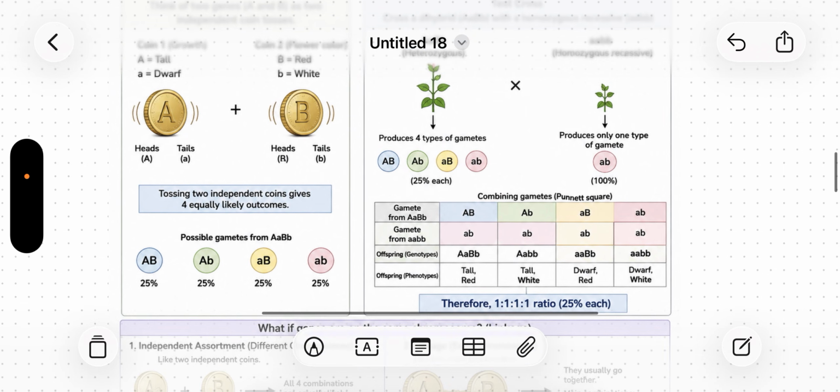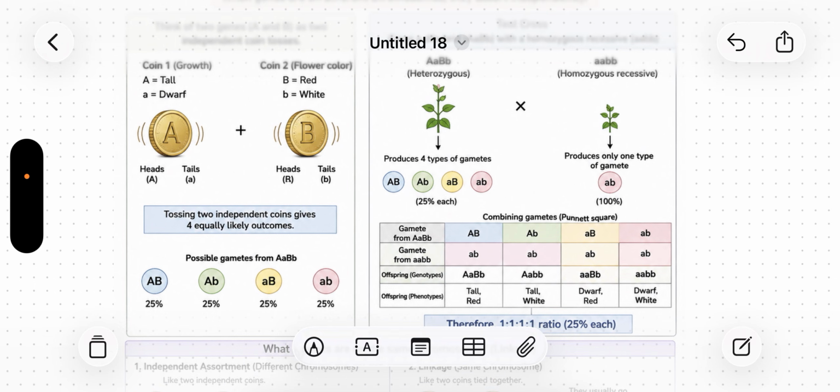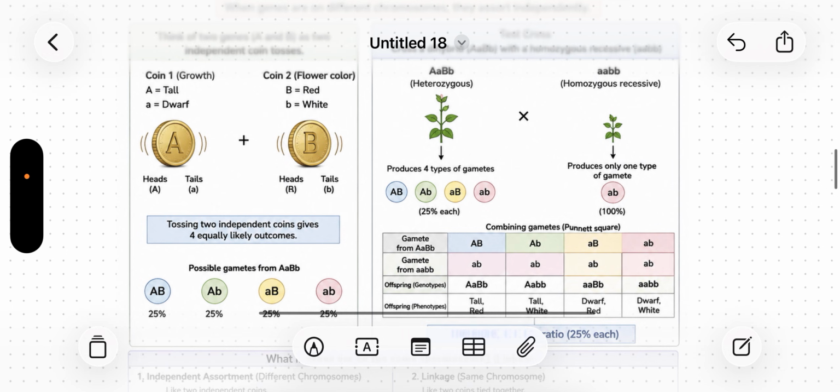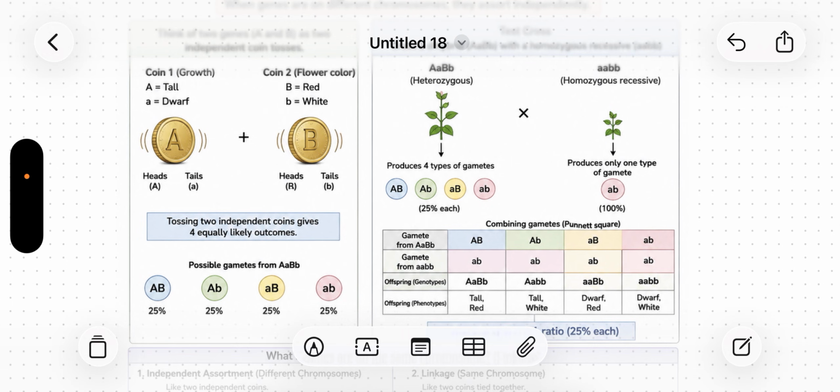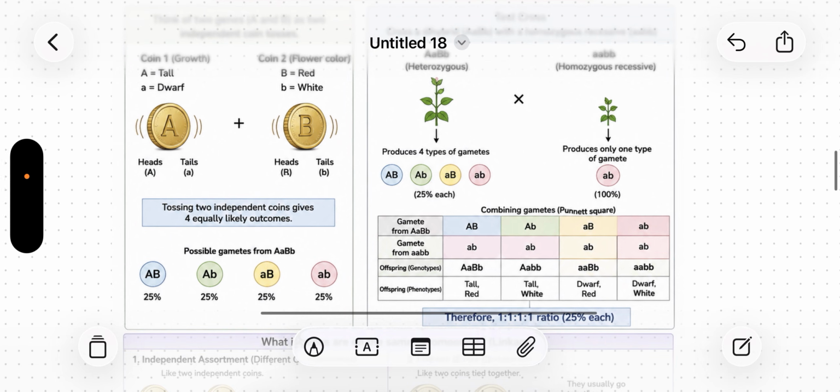That means we will have four outputs when we toss coins with this type of alleles. So when these alleles are present on different coins, we get four types of outputs, or four combinations.